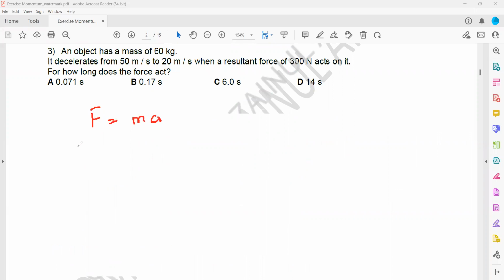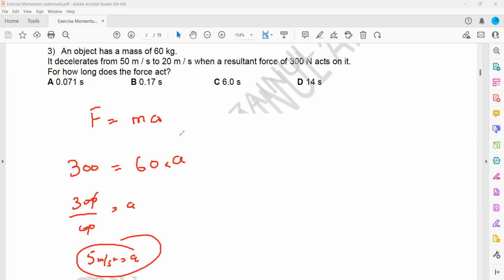The resultant force is 300. Mass of the object is 60, acceleration we don't know. So 300 divided by 60 will give us the acceleration, which is 5 meter per second square.